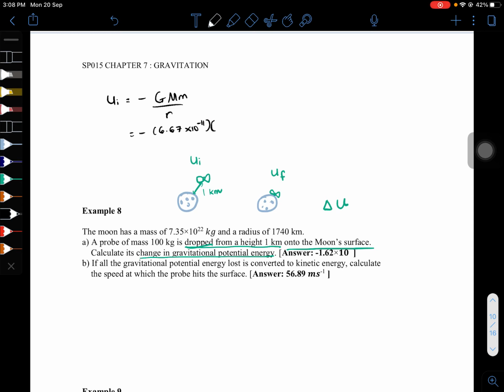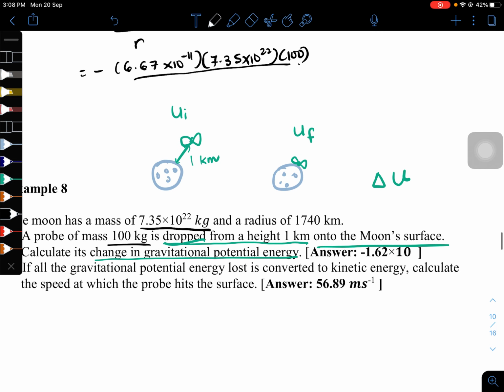And then this M is the mass of the moon, which is this one, 7.35 times 10 to the power 22. And then this m will be your mass of the probe, which is 100 kilogram. And then your R would always be from the center, that is from here to here. So this one is the radius of the moon. So it means 1 kilometer plus the radius of the moon, which is 1740.